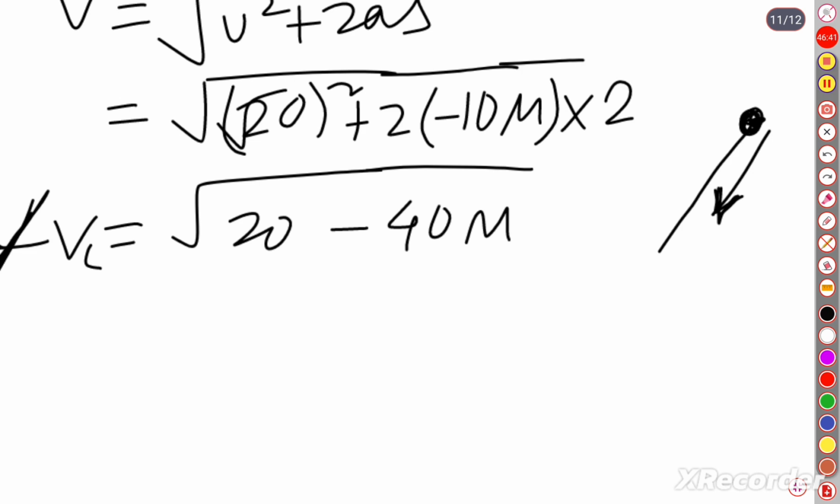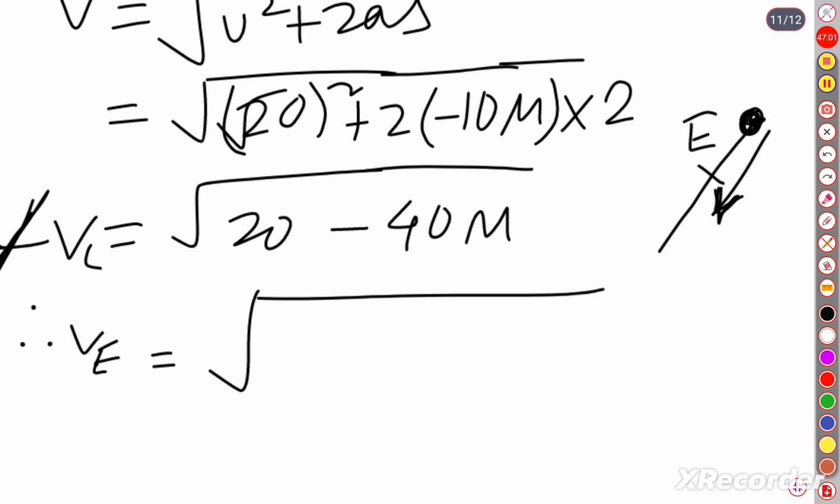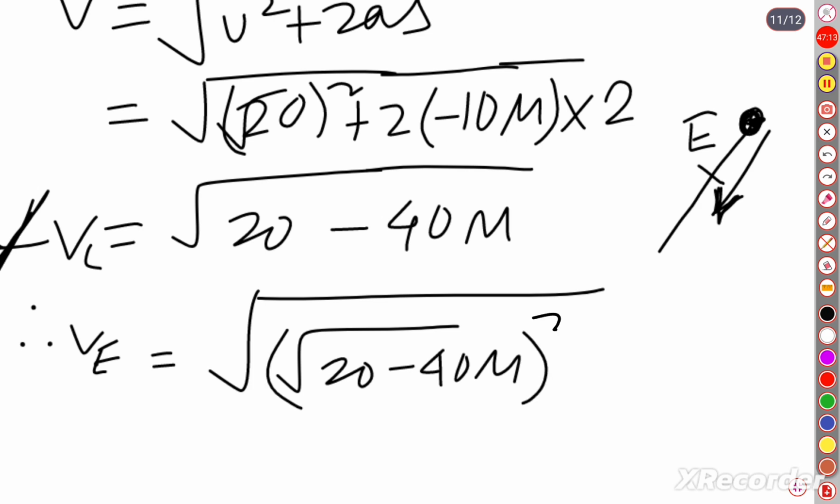So the final velocity we may write as at e. Suppose here there is e. Velocity at e means the final destination or final point. So the velocity at e is equal to, we know, u square, and our initial velocity was square root over 20 minus 40 mu, this is our u square, plus 2as, where a is our acceleration.